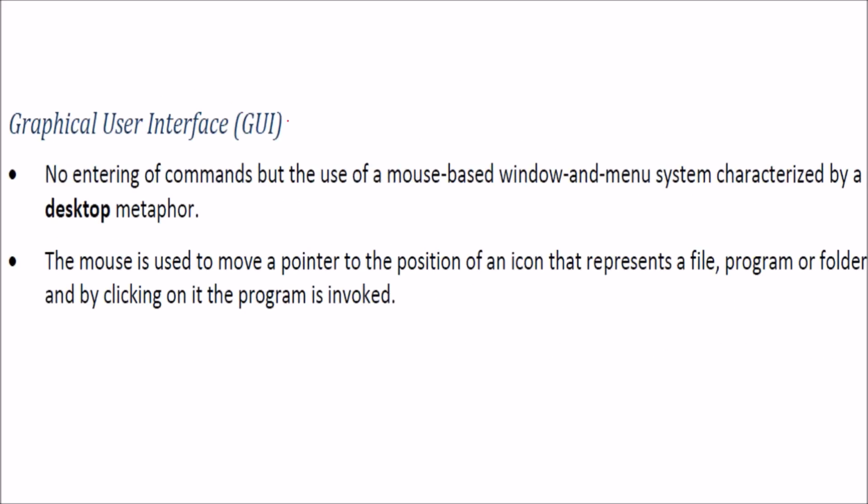Then we come to the graphical user interface. You might be working on Windows, that is a kind of graphical user interface. So no entering of commands, but the use of a mouse-based window or menu-based system, as I am using right now. The mouse pointer points to an icon, which is nothing but a file. When you click it, a program is invoked.